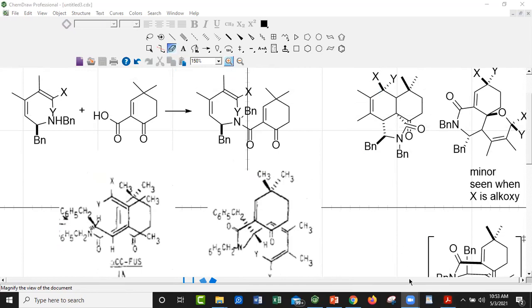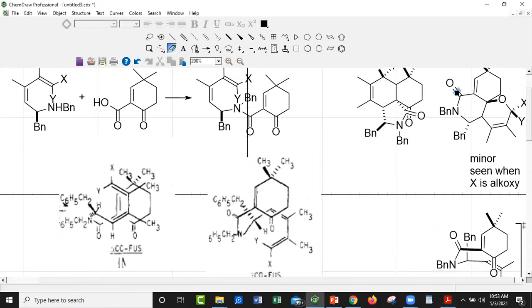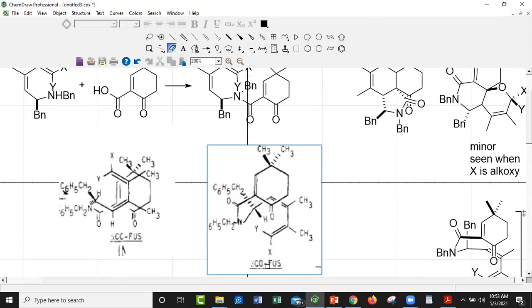What they also saw was a minor product right here, where it went through kind of a hetero Diels-Alder pathway, where instead of the alkene being your dienophile, it actually ended up being the carbonyl. So that's why this transition state is for the CO, the carbon-oxygen fused ring.